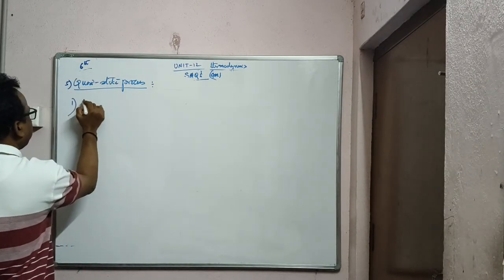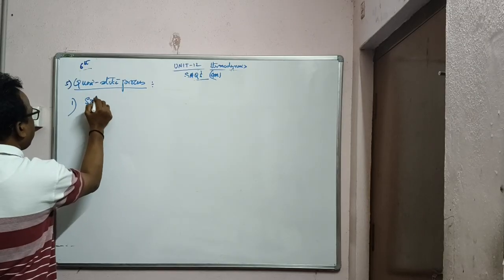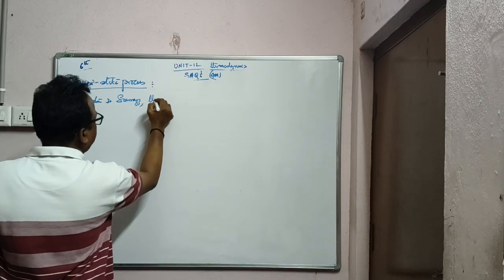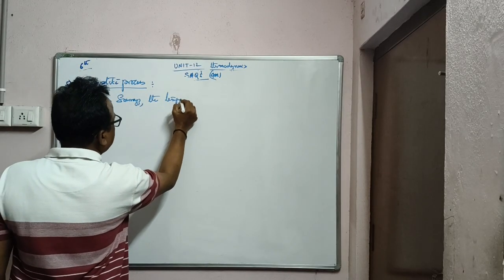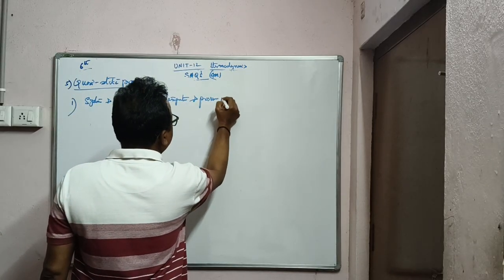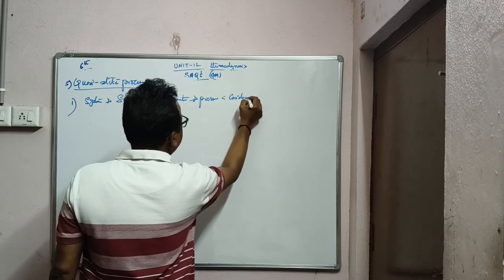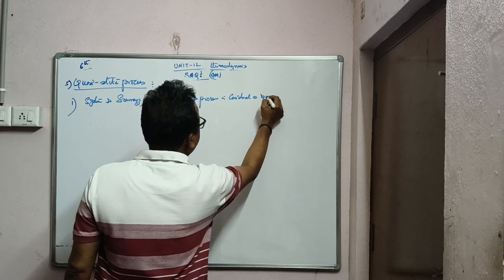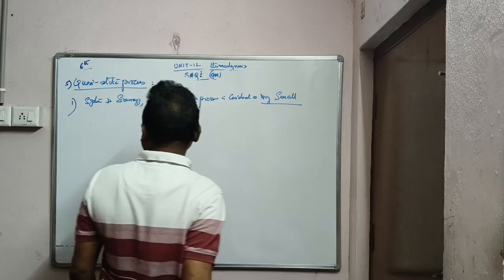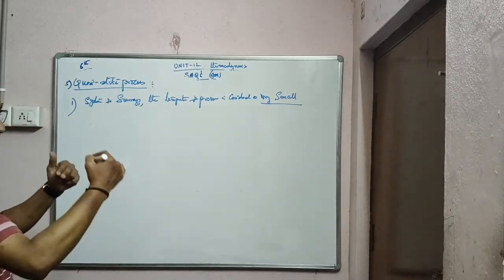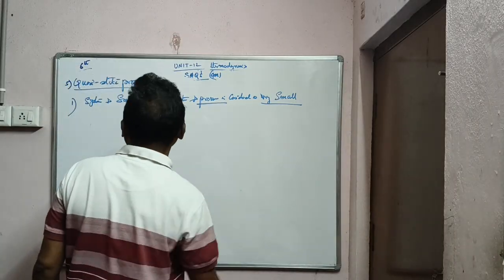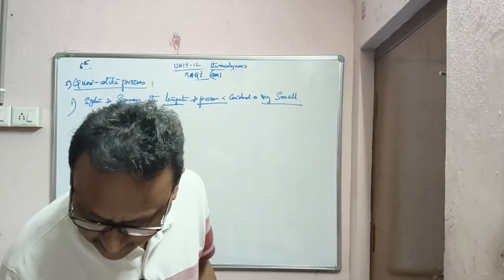Very first thing you can take like this: between system and surroundings, the temperature and pressure are considered as very small, and that is quasi-static process.